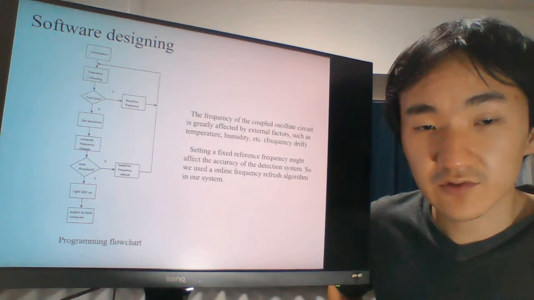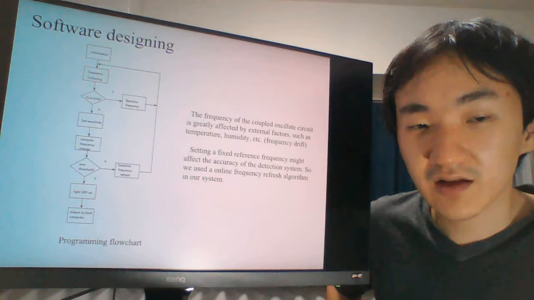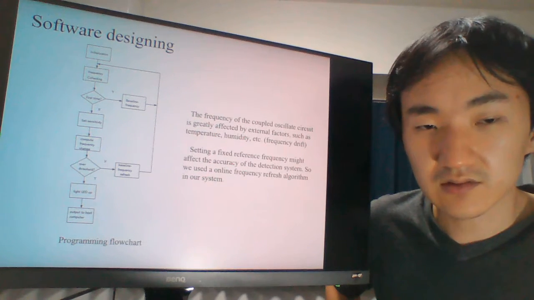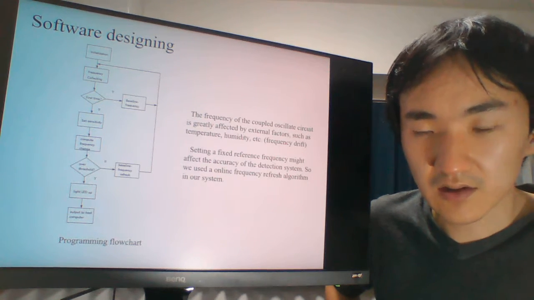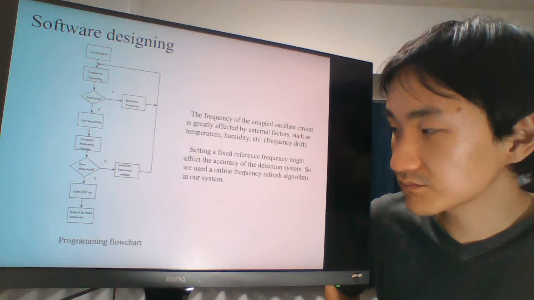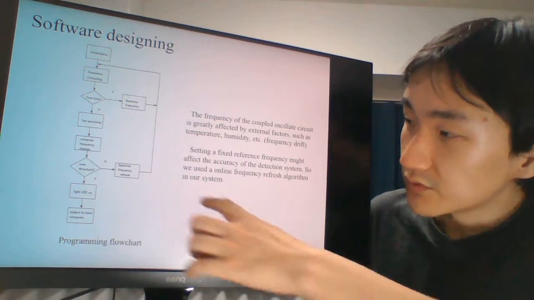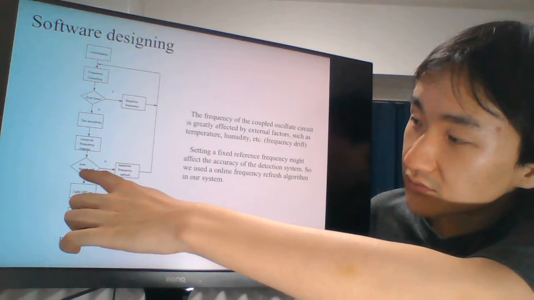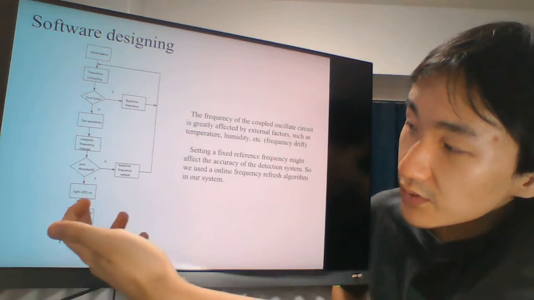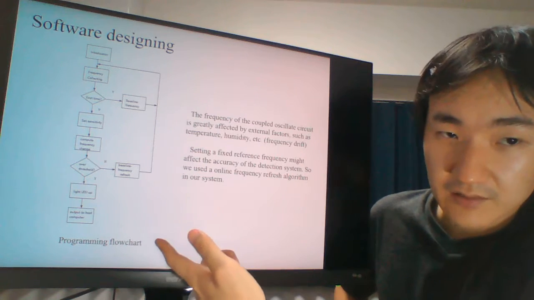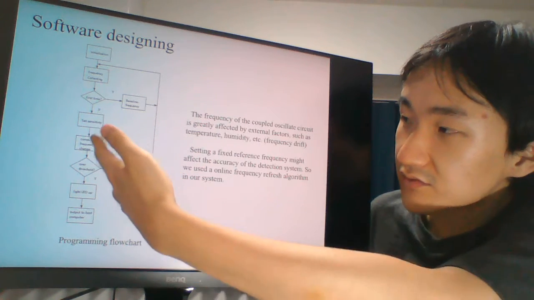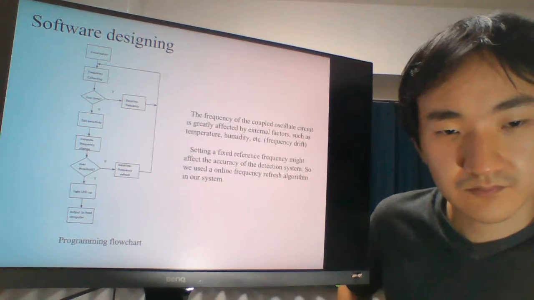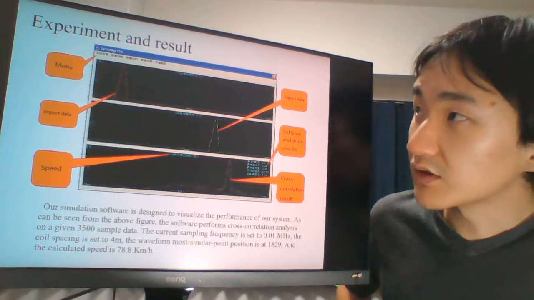So we use an online frequency refresh algorithm in our system, which is this part. If the frequency change is not over our threshold, then we set this new frequency as our baseline frequency.